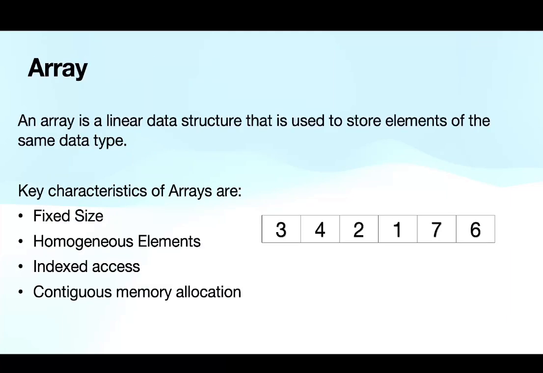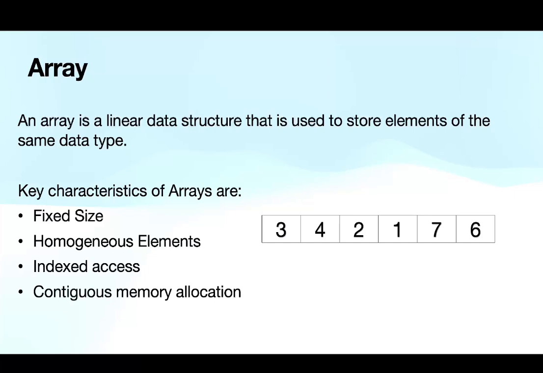So the first one is the very basic one, which is an array. An array is a linear data structure that is used to store elements of the same data type. The key characteristics of an array are their fixed size, meaning we cannot easily change the size of the array, and we have to define it when we define the array.